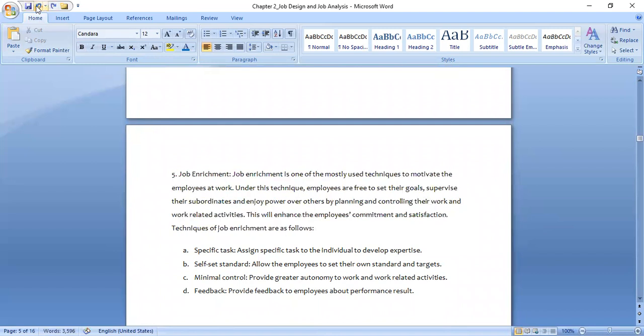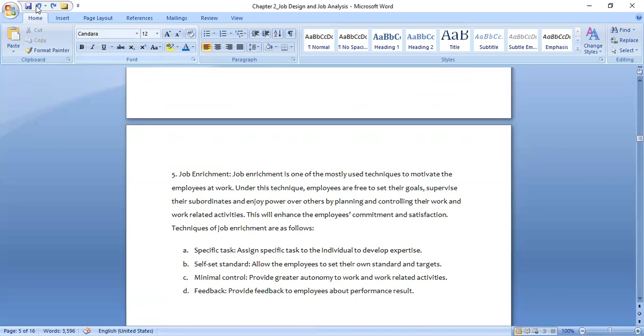Job enrichment. So job enrichment basically here, these employees are given some level of authority to supervise their subjects, right?